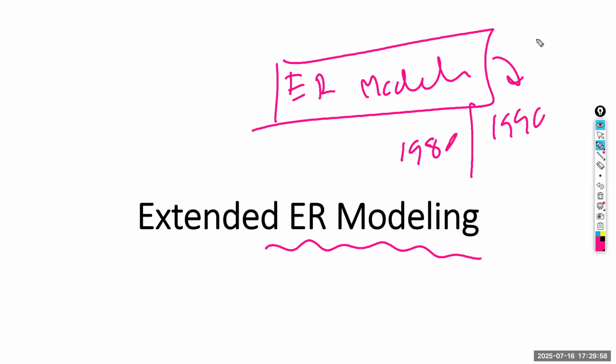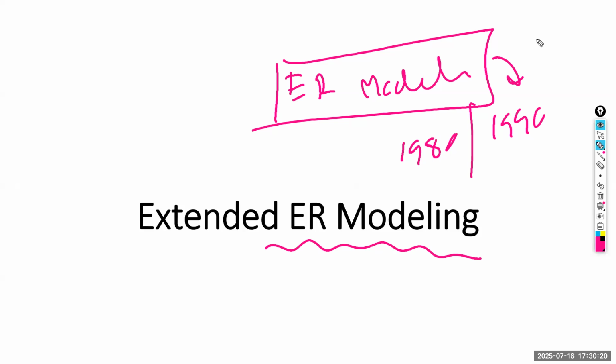So then software engineers and designers realized that with relational databases, we can support object-oriented concepts, especially inheritance. Therefore, when we see there's a possibility of inheritance, we must model that properly in the designing stage.